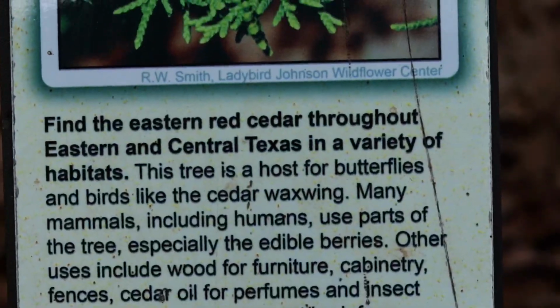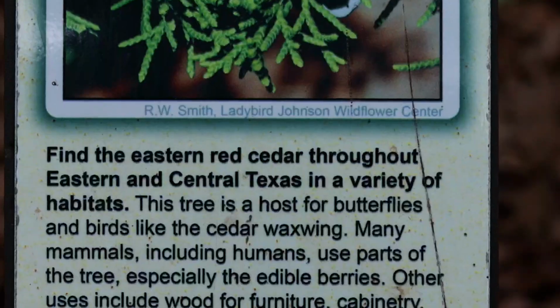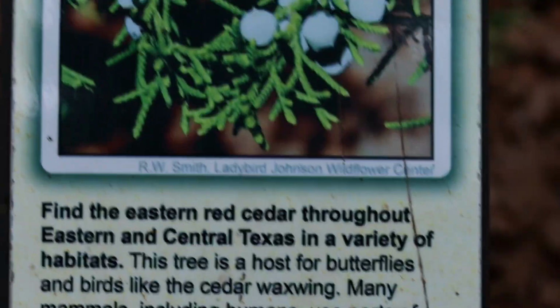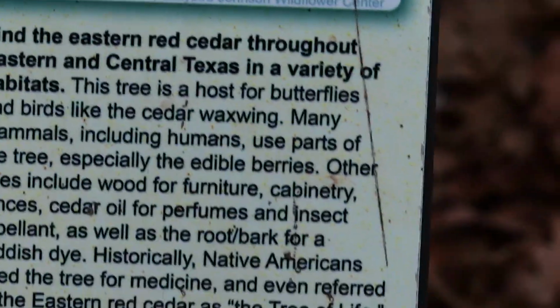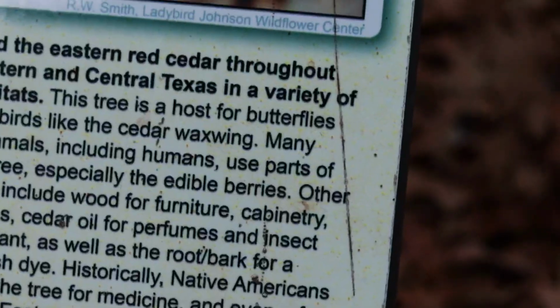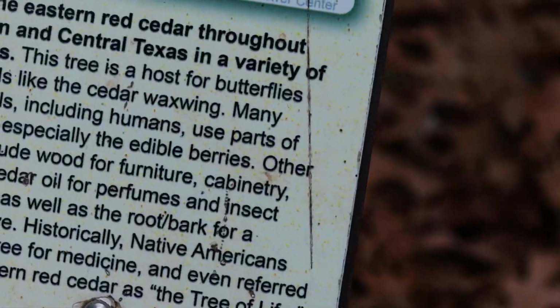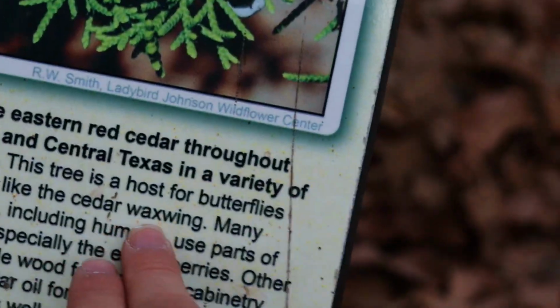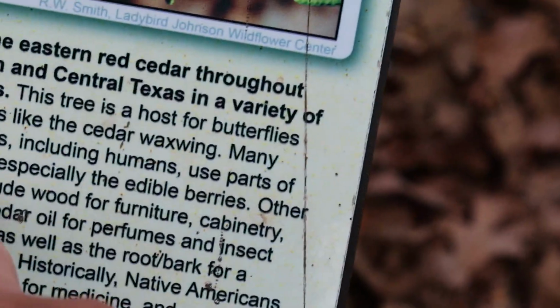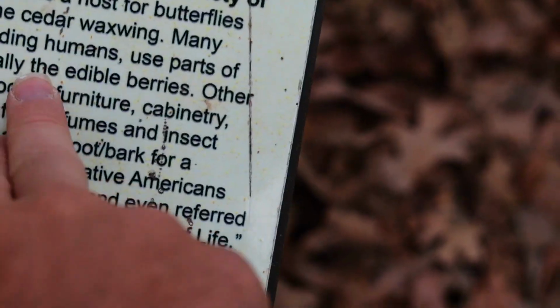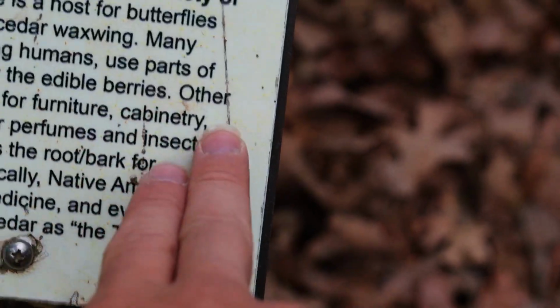The tree is a host for butterflies, birds, and cedar waxwing. Many mammals, including humans, use parts of the tree, especially edible berries.